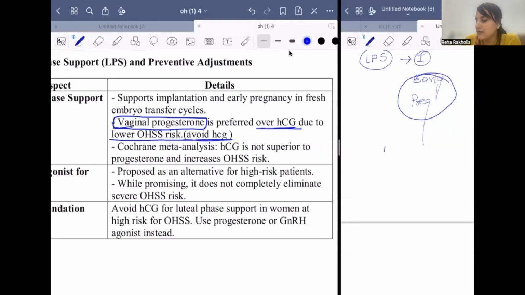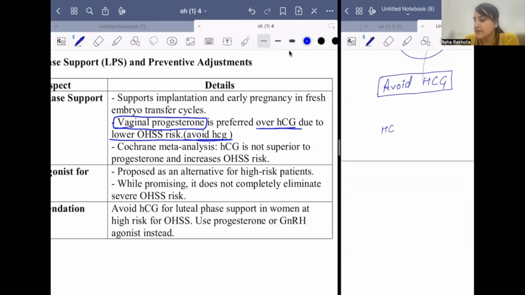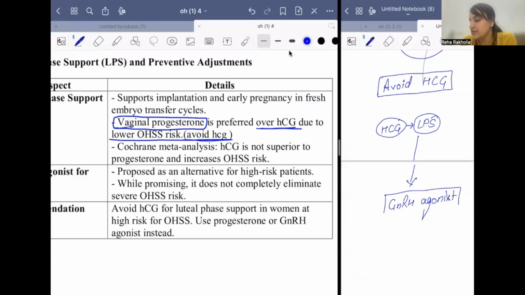We have to avoid HCG. But previously, as you have seen, we read about HCG. We were giving HCG during luteal phase support, but that was when we gave a GnRH agonist trigger to the patients. Now we are talking about patients who have a high risk of OHSS. In that group, we won't give HCG. We'll avoid giving HCG.